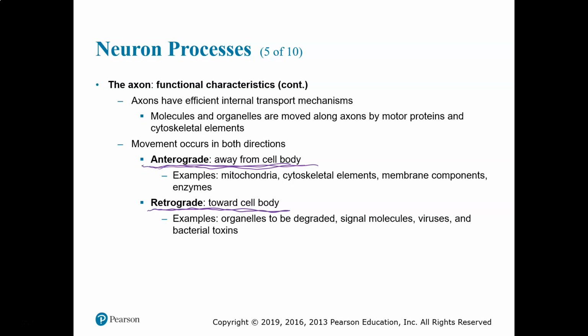Why would viruses and bacterial toxins, if they're allowed to contact the neuron, be coming back toward the cell body? Well, because the cell body contains lysosomes that can digest them. The cell body can present the viruses and the bacterial toxins to your immune system, so your immune system will recognize and destroy them.